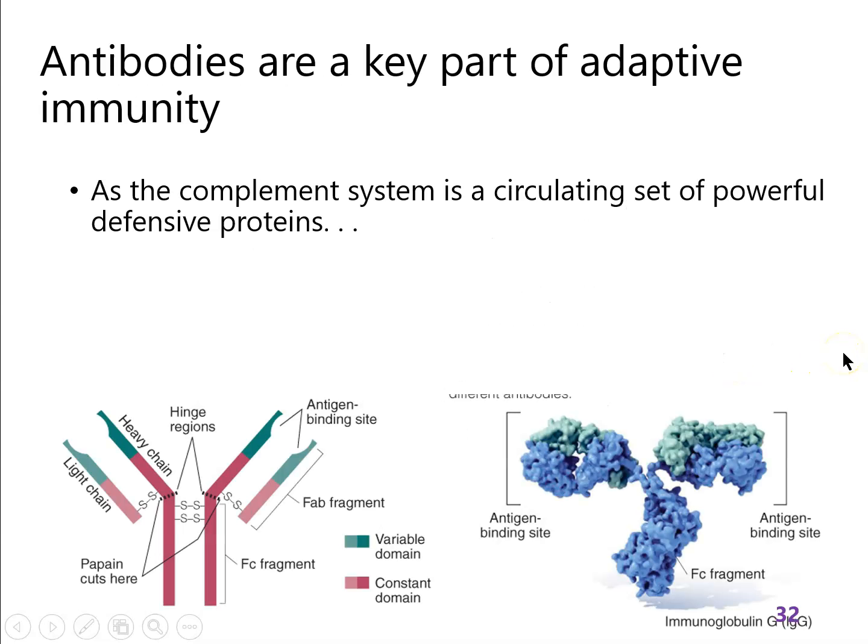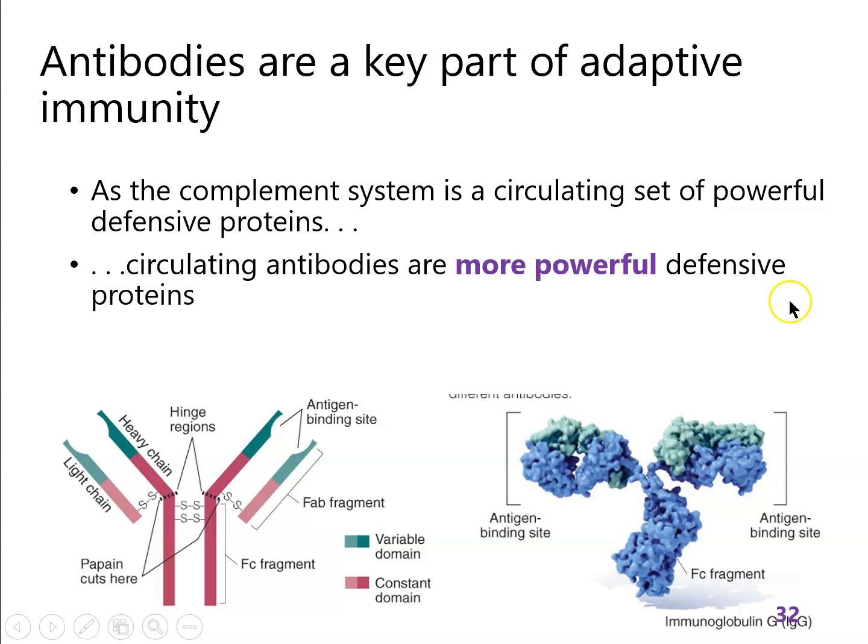So the first part of the adaptive immunity we'll talk about is antibodies. Antibodies are amazing. They're these protein complexes that are really powerful for defending us. They are one of the most powerful single things we have.